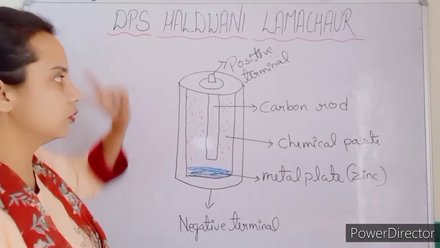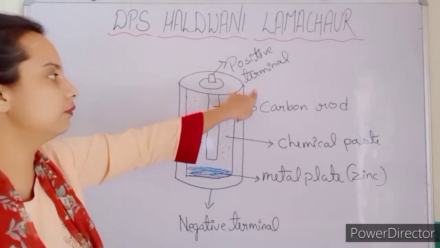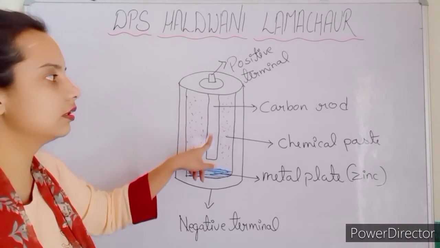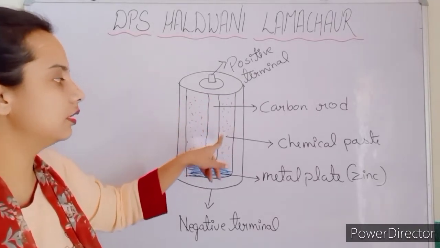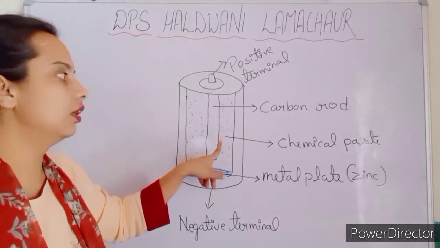तो इसमें दो टर्मिनल्स होते हैं, that is, the positive one से क्या अटैच होता है, the carbon rod is attached. उसके outer side में if we see then there is a chemical paste.